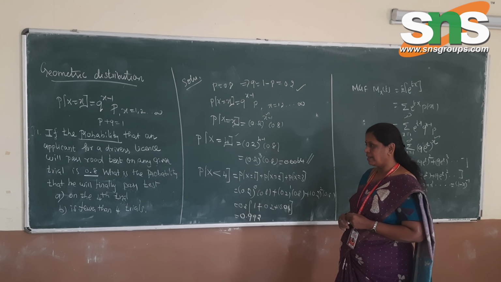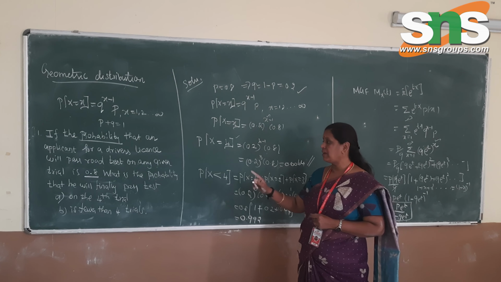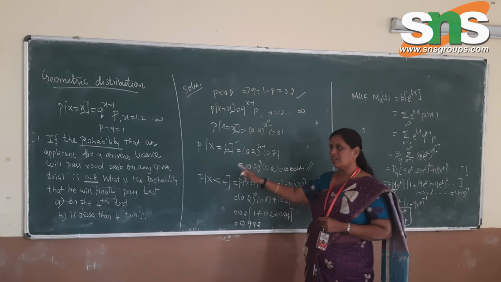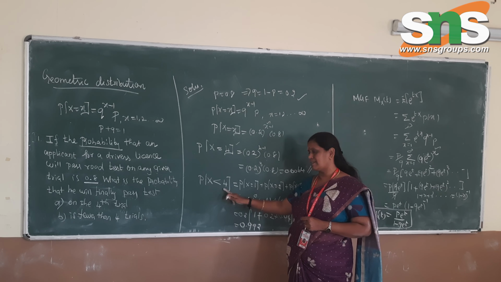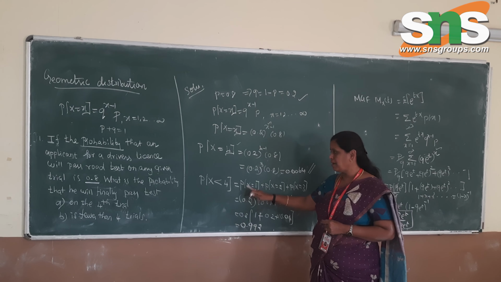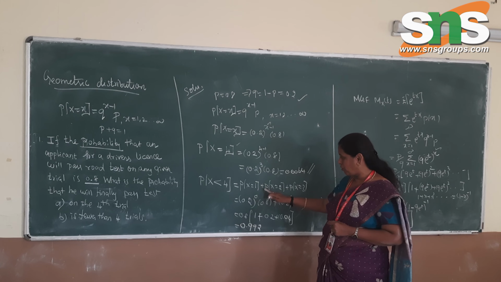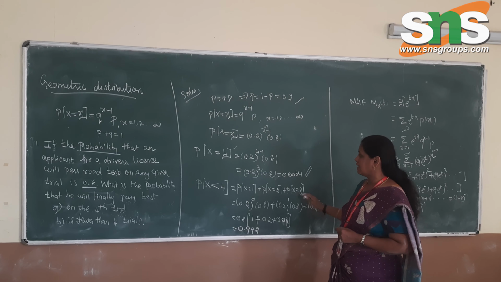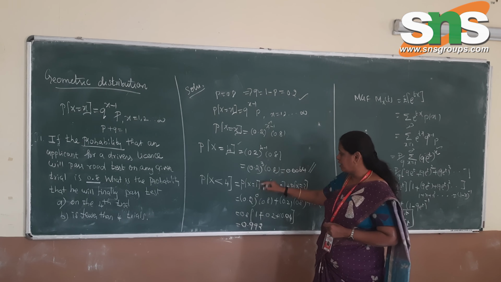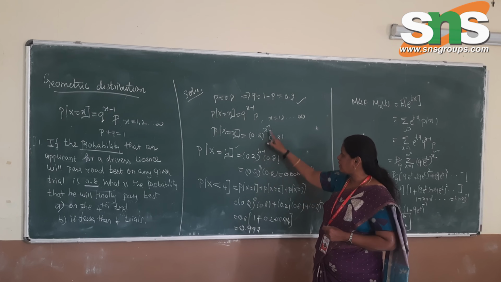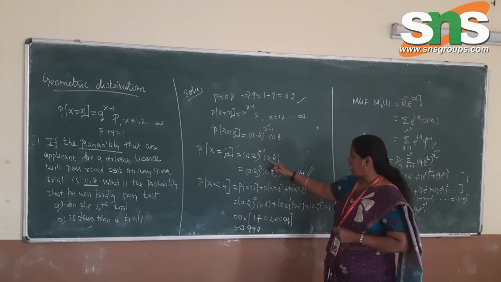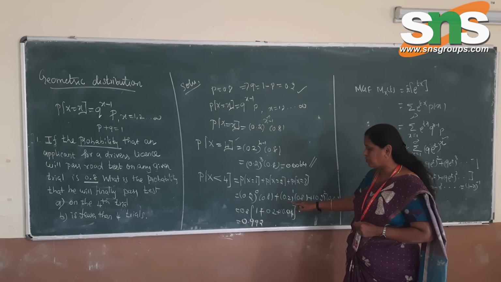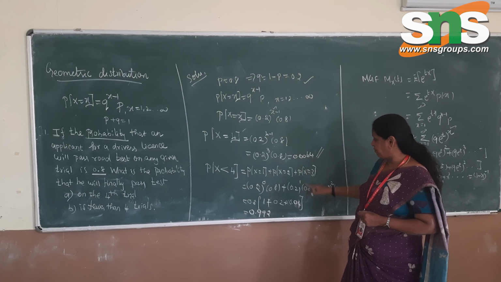Now we are going to find the probability that he will finally pass the test in fewer than 4 trials. That means we need to find the probability of x less than 4. That means probability of x equal to 1 plus probability of x equal to 2 plus probability of x equal to 3. Substituting x equal to 1 here, it will become 0.2 the whole power 1 minus 1 into 0.8. Substituting x equal to 2, 0.2 the whole power 2 minus 1, we get 0.2 the whole power 1 into 0.8.